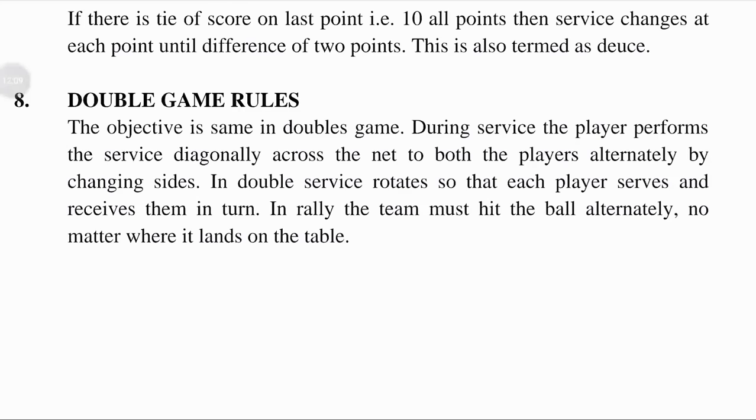A game used to be played until 21, but that rule was changed by the ITTF, the International Table Tennis Federation, in 2001. If both players are at 10-10 or 20-20, then there must be a difference of 2 points from the opponent.